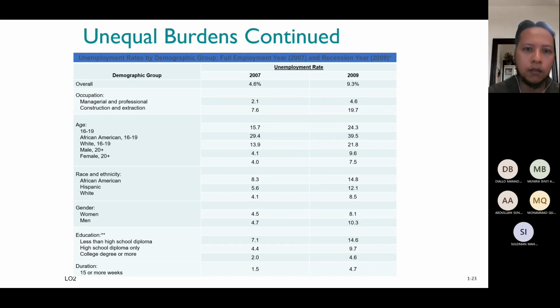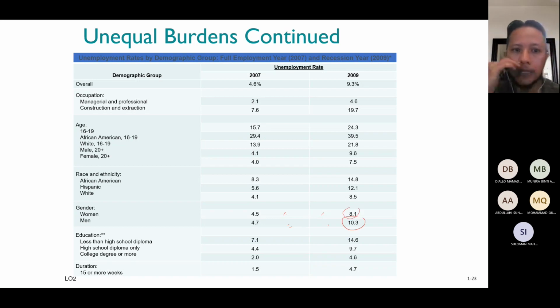And if you look at gender, for example, the unequal burden for women and men, there are different percentages for this. If you look at gender in 2009, for example, the unemployment rate for men was higher than for women.